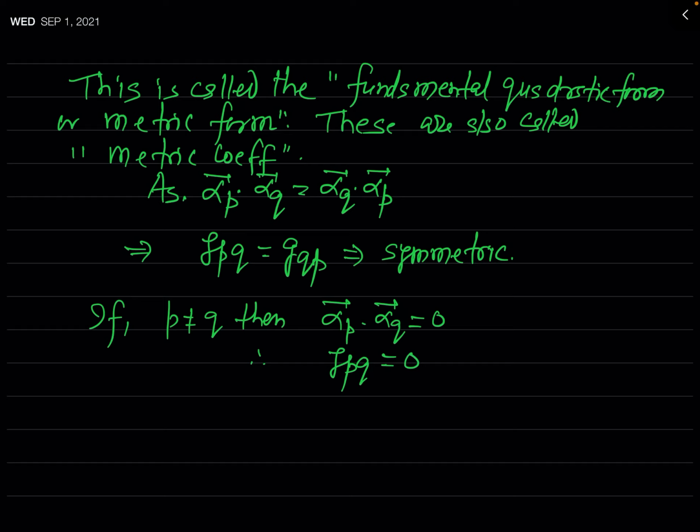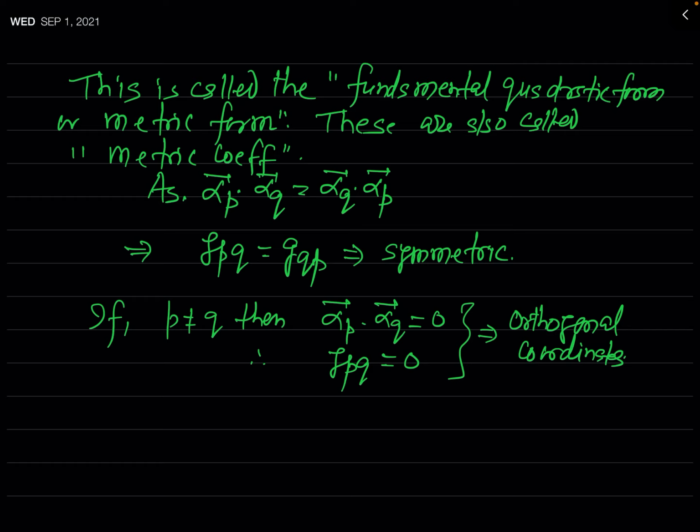In fact, if this condition holds, that alpha p dot alpha q is equal to 0 when p is not equal to q, then g_pq is 0, in fact this condition will hold when the coordinate system is orthogonal. So this condition implies orthogonal curvilinear coordinates. But if this condition does not hold, then the curvilinear coordinate system is not orthogonal.